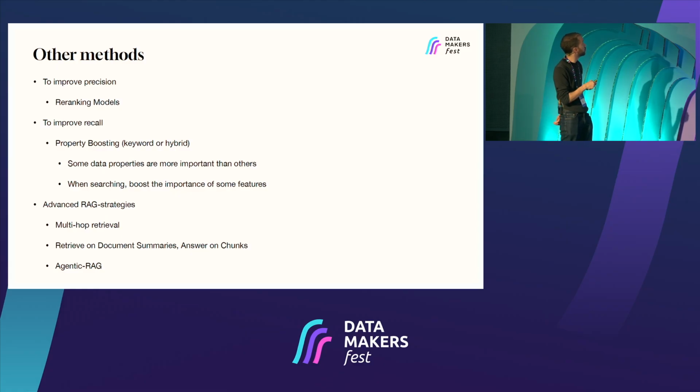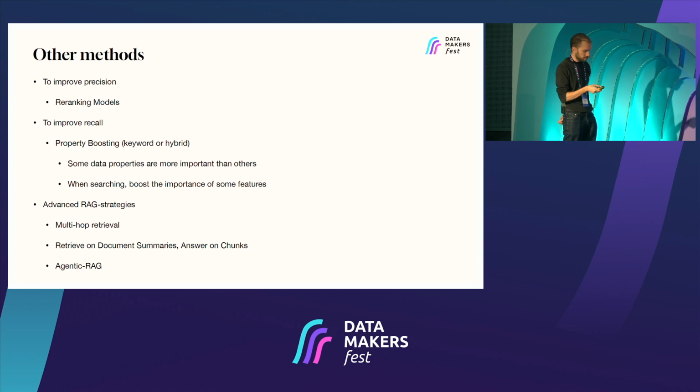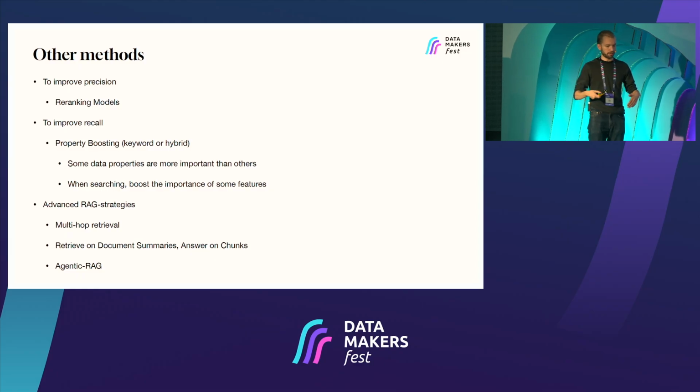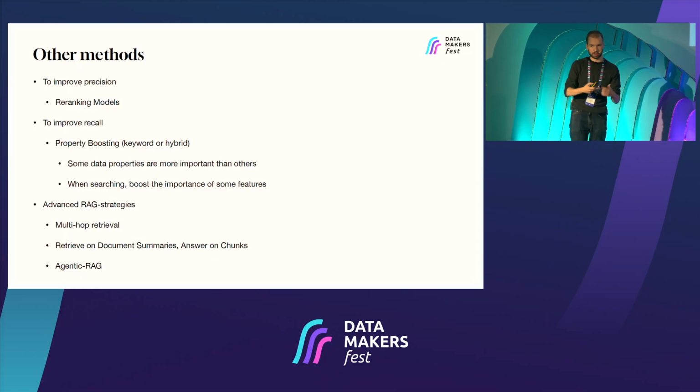So if you want to improve recall, there are also some easy to implement and very effective techniques called property boosting. This is something I think from Elasticsearch, but basically some data properties are more important than others. So for example, in the case of law, we want to give very big importance to the date of the document.